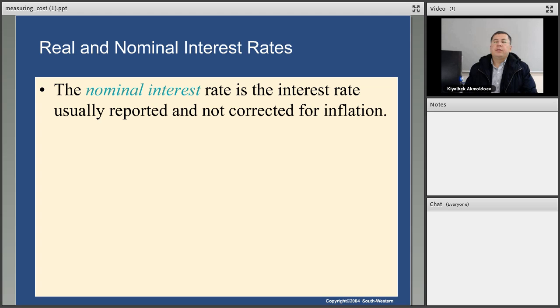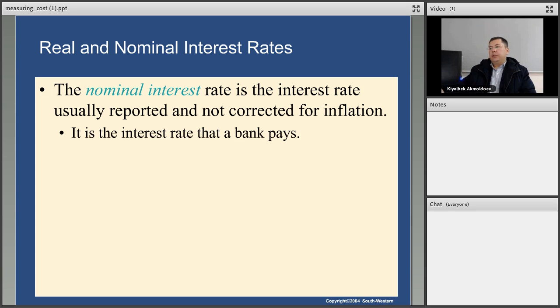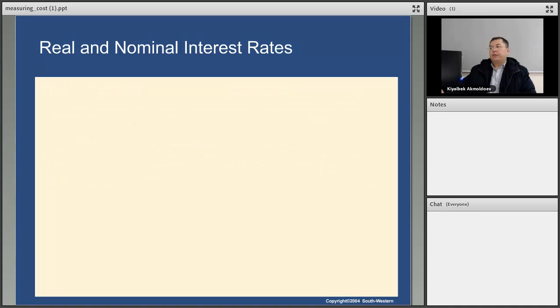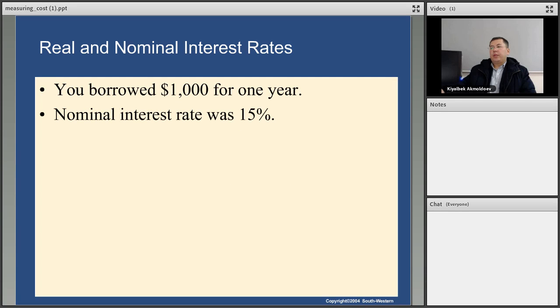Or if inflation also increased by 10%, then your real income is zero. It's the interest rate that banks pay. Yes, the real interest rate is the nominal interest rate that is corrected for the effects of inflation. So you borrowed 1,000 for 1 year. Nominal interest rate was 15%.